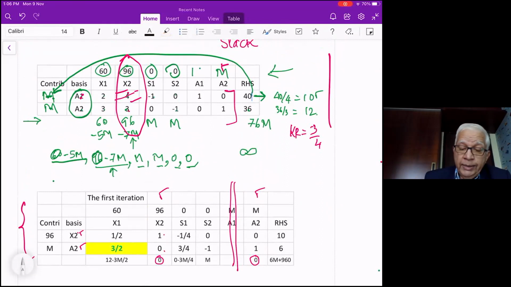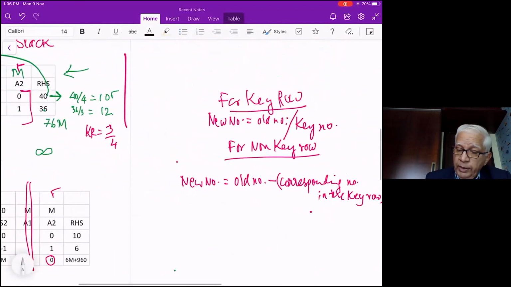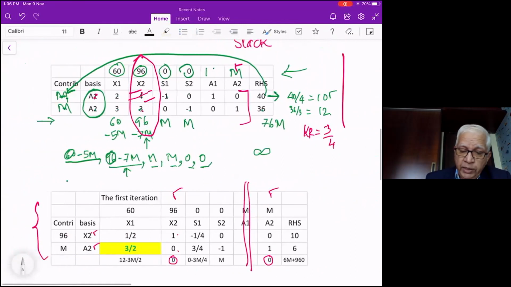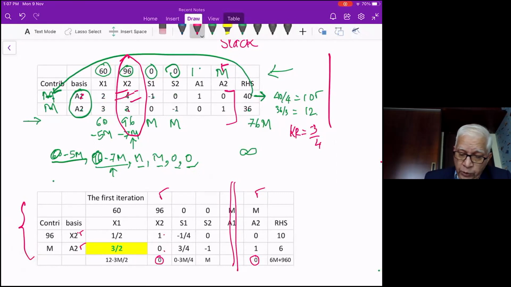What is the formula? The formula is that we should take the old number divided by the key number. See here, take the old number divided by the key number for the key row. So let's transform the key row first. First row is the key row. Therefore, I'll transform the first row. 2 divided by 4 is 1 by 2. Can you see here? 2 divided by 4 is 1 by 2. This 1, 0, 0, 1 is already written under the X2 and A2 columns.